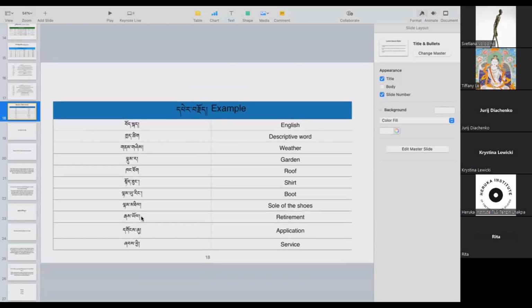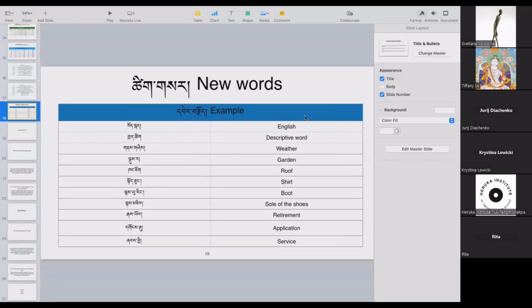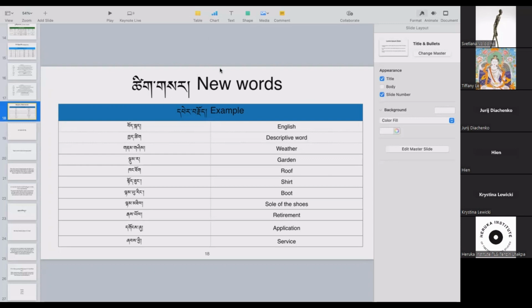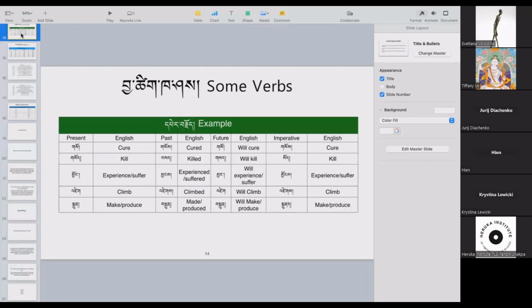Lasso. So do we have another question? Do we have any other questions? Lasso, Tashi Tele. Could you please turn to slide 14? Slide 14? Yes.